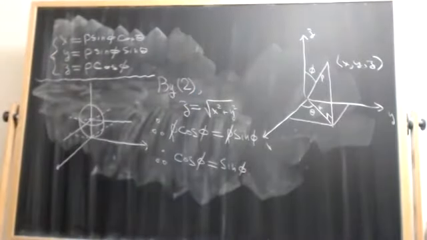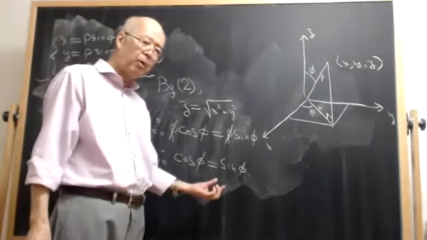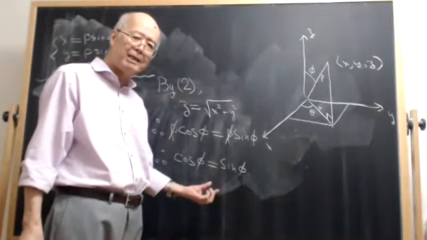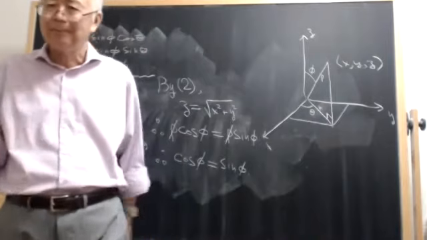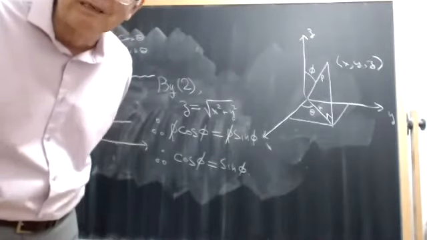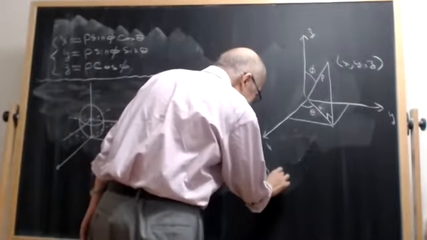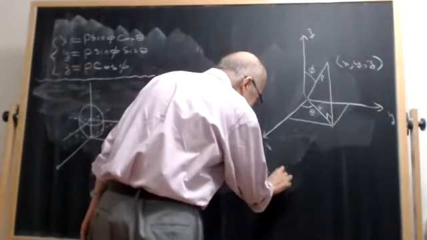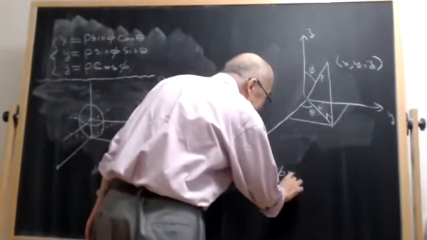And then what is the angle from 0 to pi for which this is true? 45 degrees, right? So this implies that the angle phi is pi by 4.